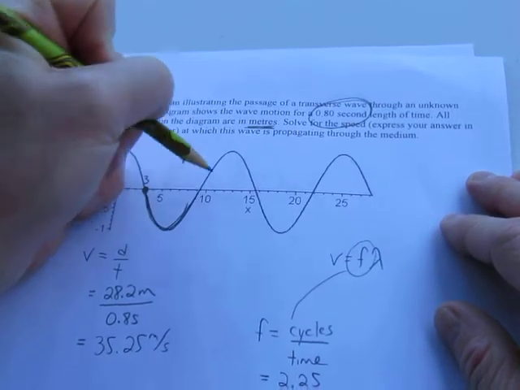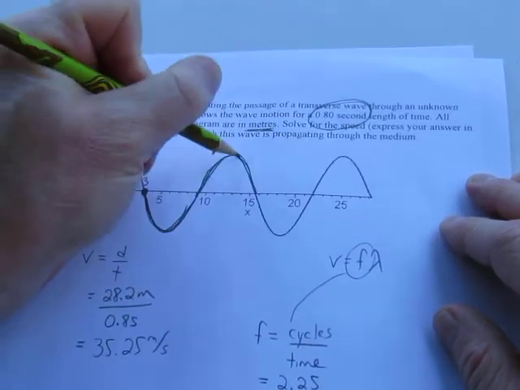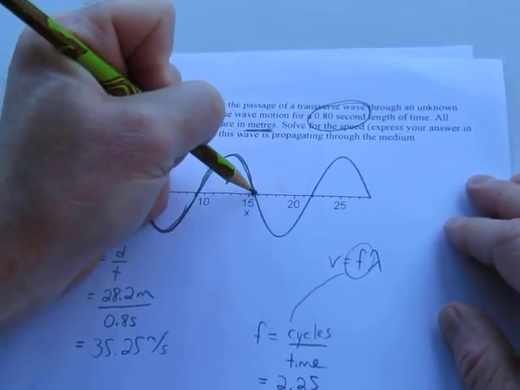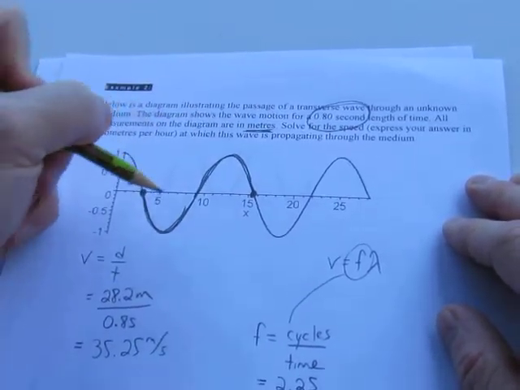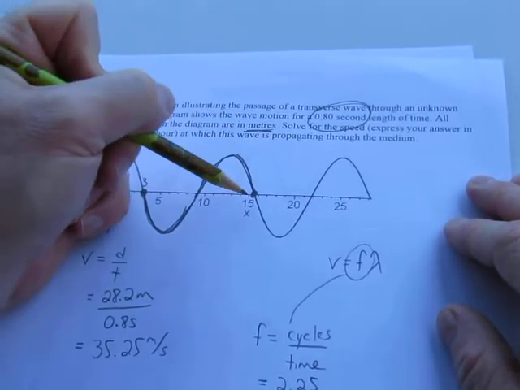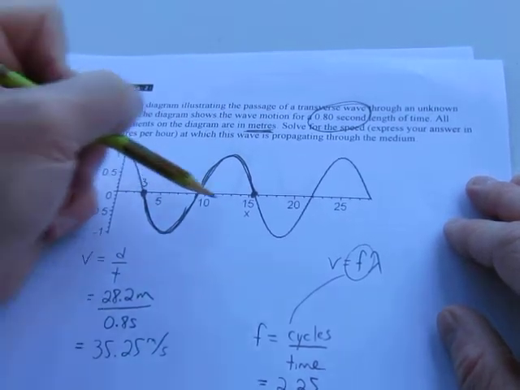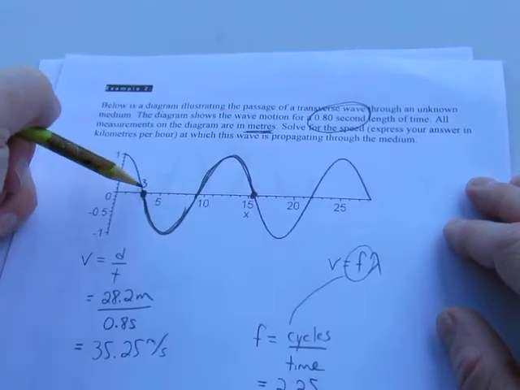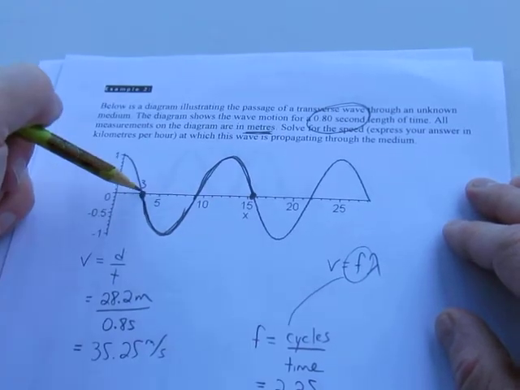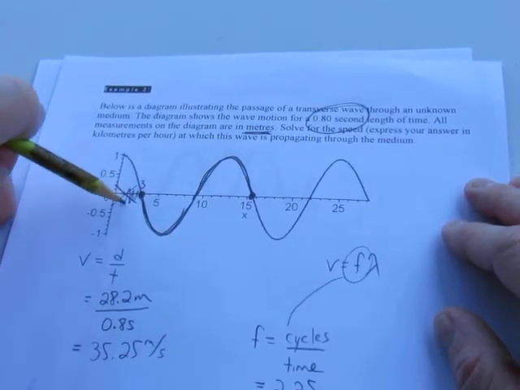A trough and a peak, and back to the axis again. That's a little bit easier to read because it starts at 3 and it ends at 15.5. So what do we get there? 12.5. 15.5 minus 3, because we're not going to count this bit in the beginning here.